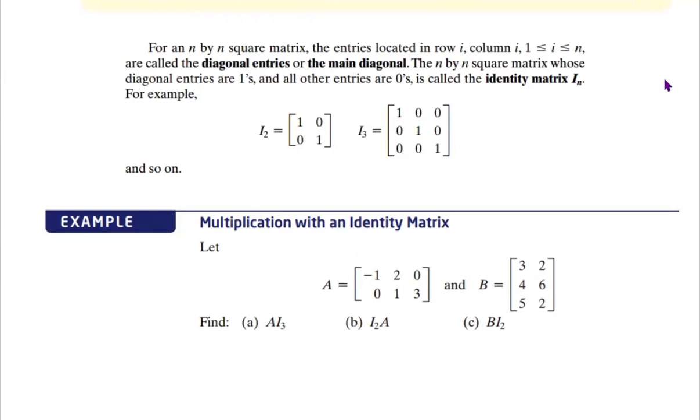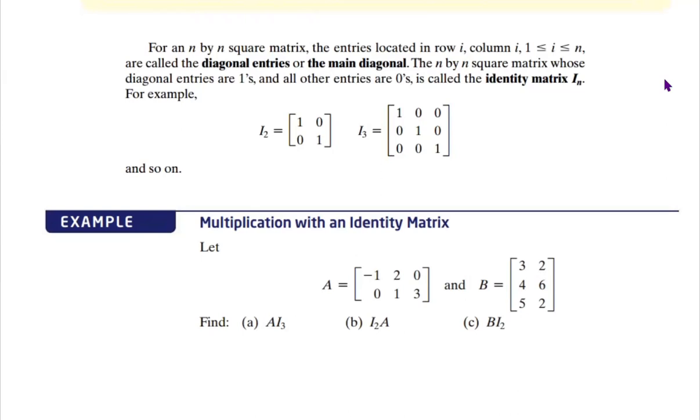If I'm working with a 2 by 2 matrix, where the number of rows and columns equals 2, then I need to make sure my identity for this category of matrices is a 2 by 2 matrix.